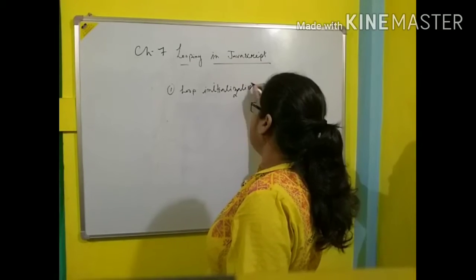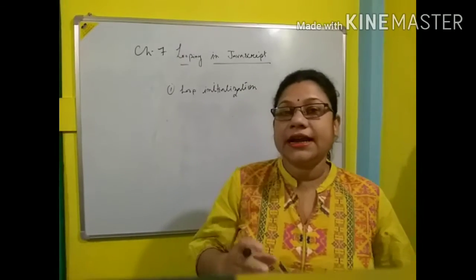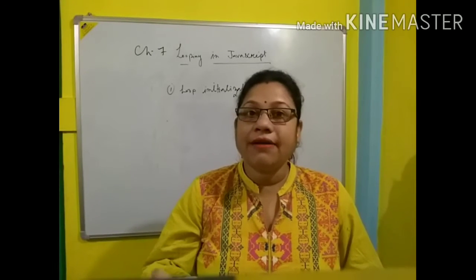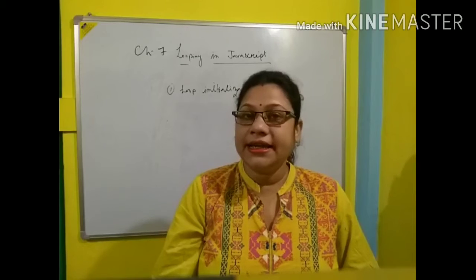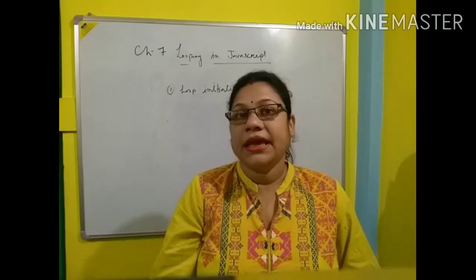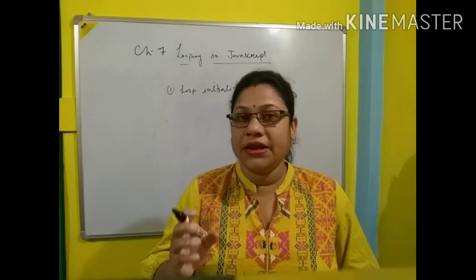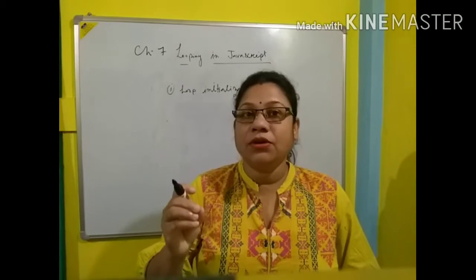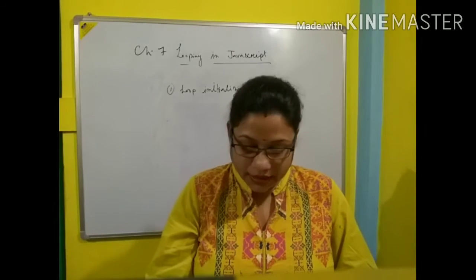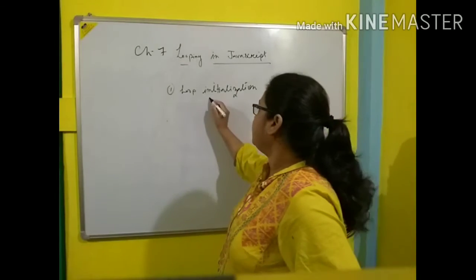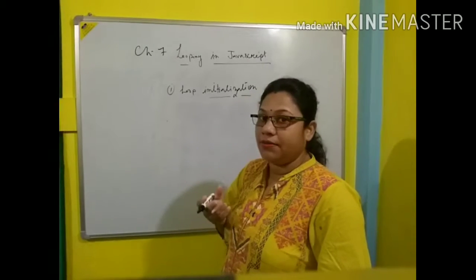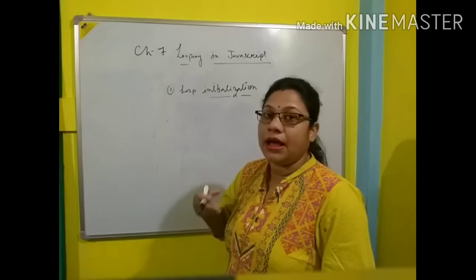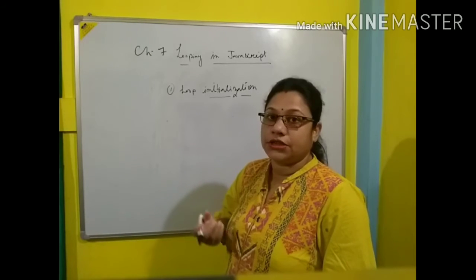Loop initialization means here we are going to declare a special variable which is known as the loop variable, and you have to initialize it. Generally it is initialized to 1, because whenever the program gets executed, the loop variable will be 1. So initialization means you have to declare one variable that will count how many times the program is executed.